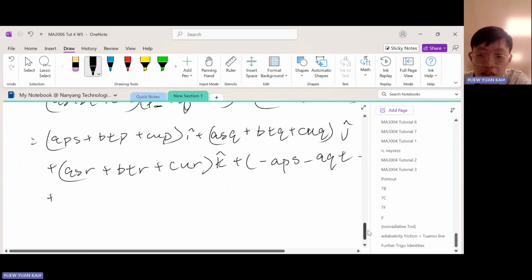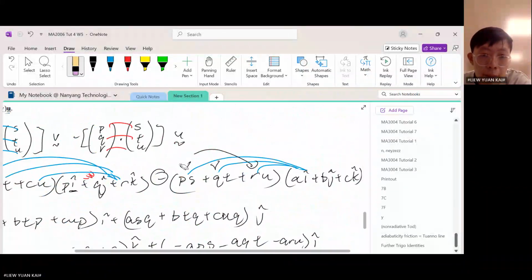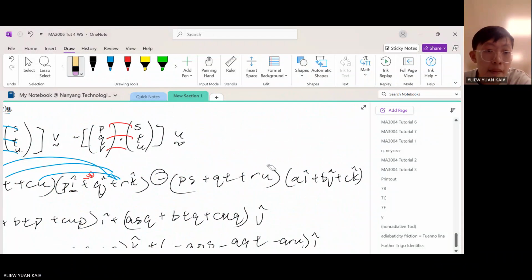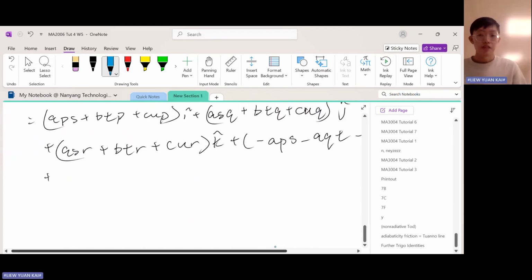Followed by, okay, now the J components. This times this times this. So let me just pull out my solution.